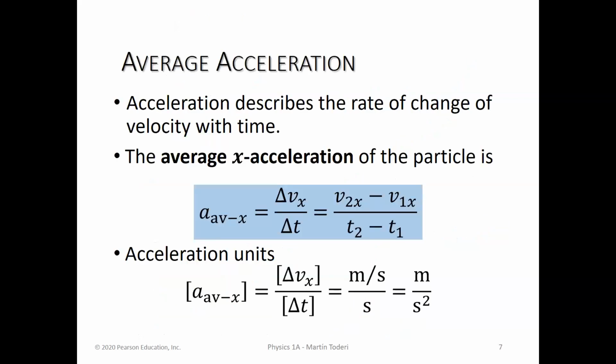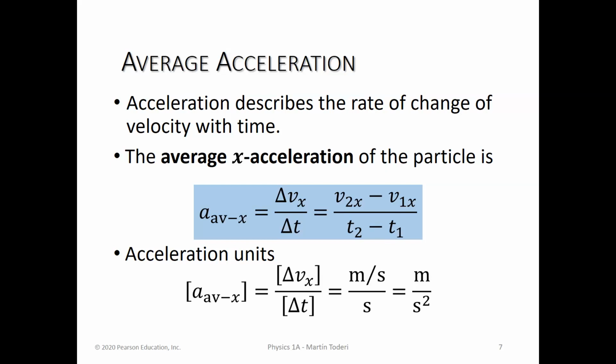Okay, so let's talk about acceleration now. Acceleration, as we said, describes the change of velocity with time. I'm going to go a bit faster now because it's the analogous reasoning from the last few slides.